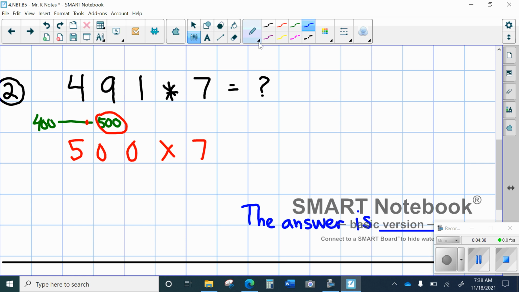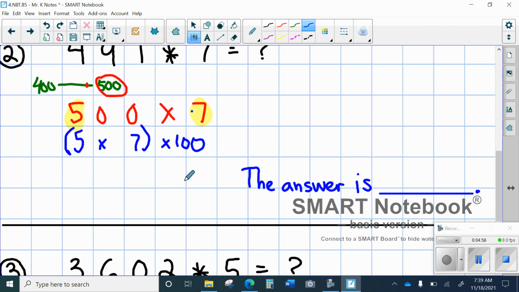Let's use exactly what we did before to help us solve 500 times 7. We're going to solve the basic fact first, 5 times 7, and we're going to write that down in our parentheses. This time we have 2 zeros, so that's like multiplying by 100. So 5 times 7 times 100. Well, 5 times 7 is a basic fact, 35. And I just bring down my times 100.